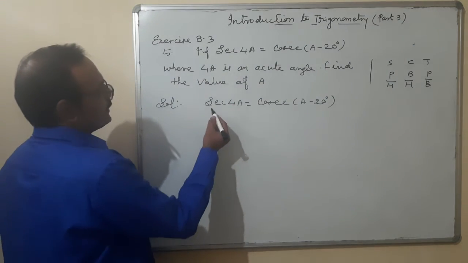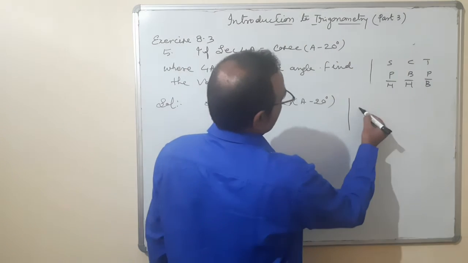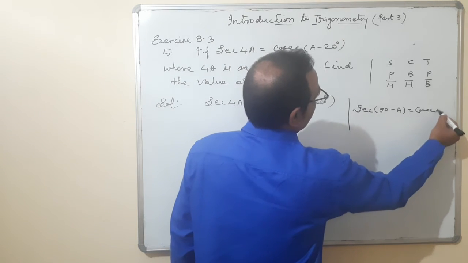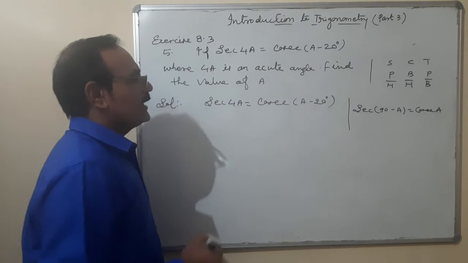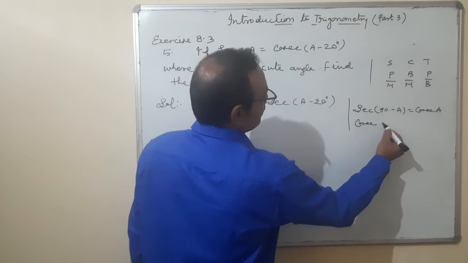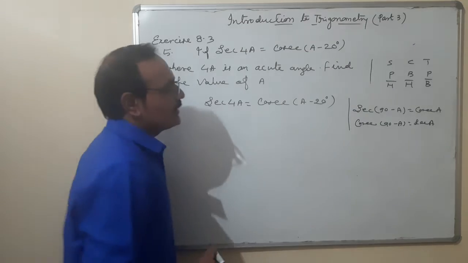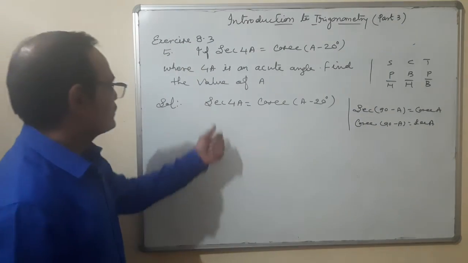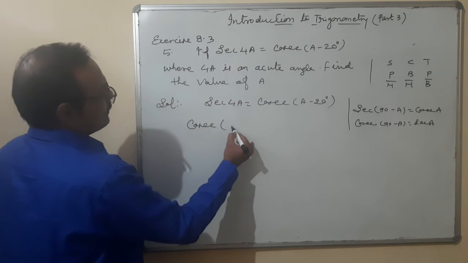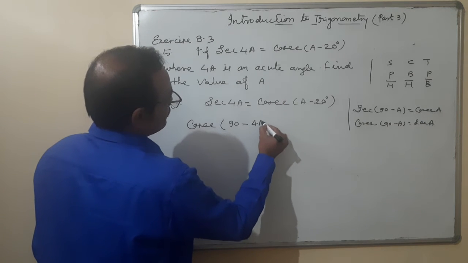So cosec 90 minus a is equal to sec a. So sec a can be written as cosec 90 minus a. So here sec 4a, may I write cosec 90 minus 4a, in place of a there is 4a.